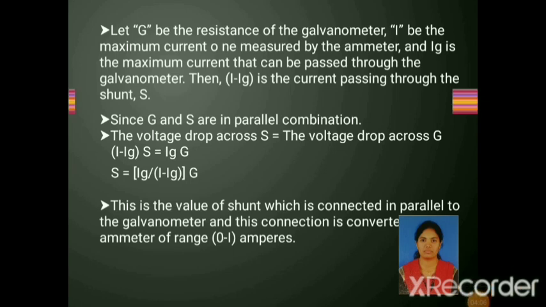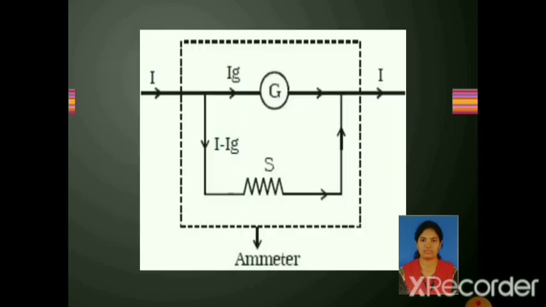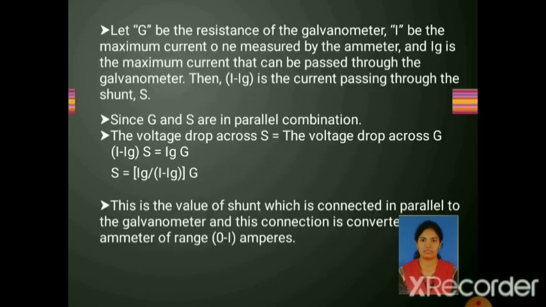Ig is the maximum current that can be passed through the galvanometer. Then the current passing through the shunt resistance is I minus Ig.